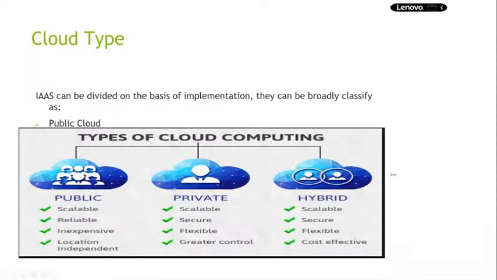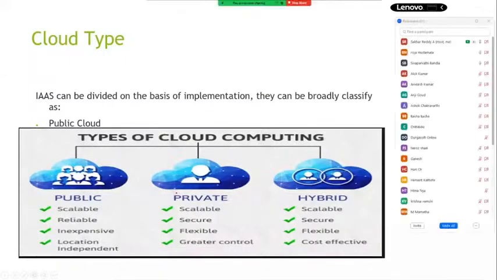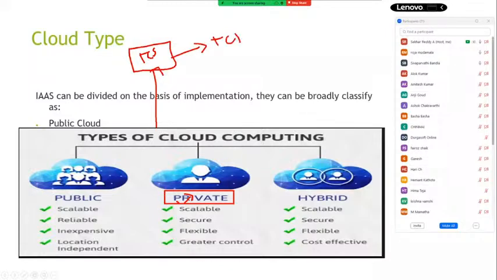Private means the organization's resources that are accessible only within the corporate network are called private. For example, you are working in TCS. We go to the office and connect to the TCS-provided VPN. VPN means virtual private network.